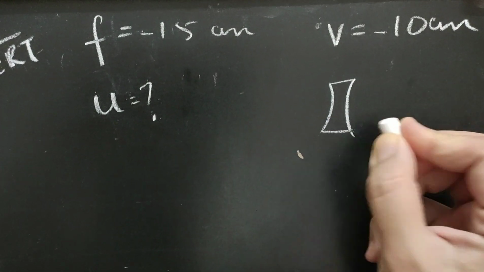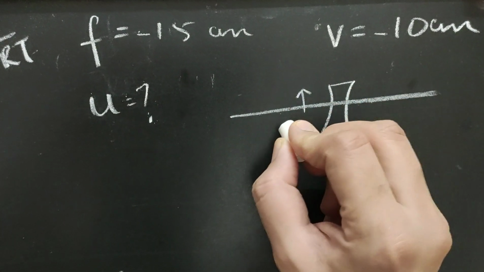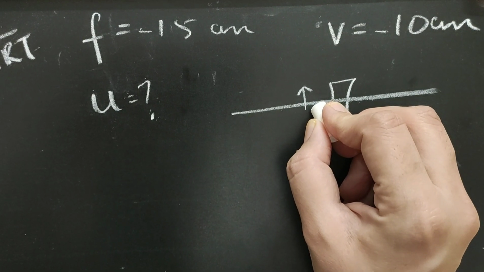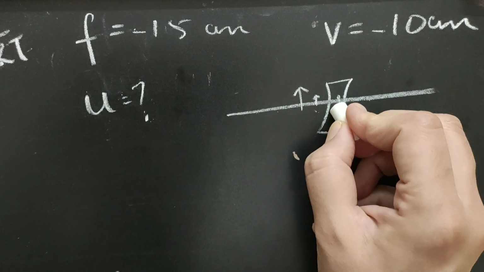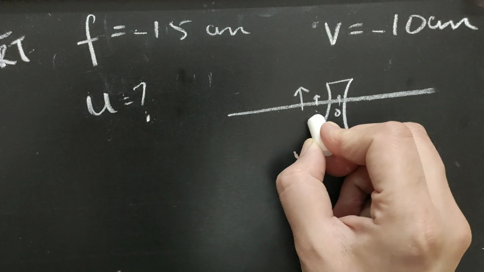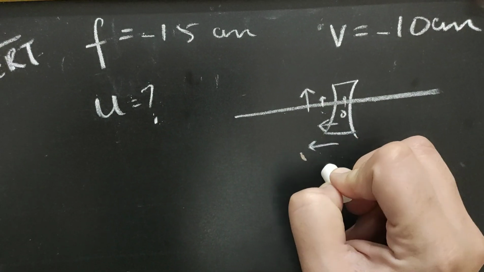Remember, it is given that it is a concave lens, and we know a concave lens always forms virtual and erect images. That means on the same side as the object. So if the image is being formed on the same side as the object, we know when we measure the image distance from the optical center, we will go in a direction opposite to the incident light, just as we do in case of the object distance.